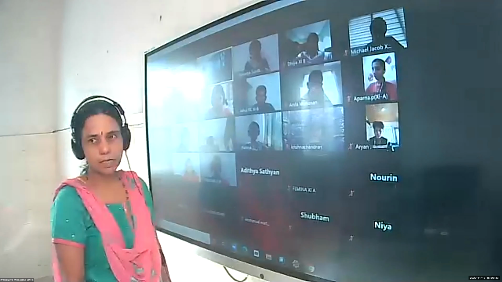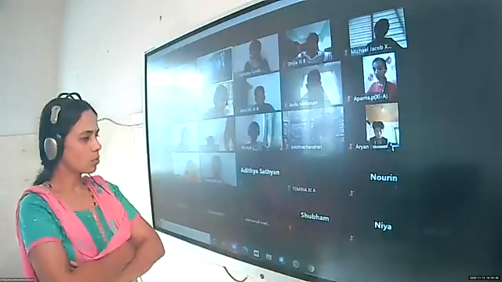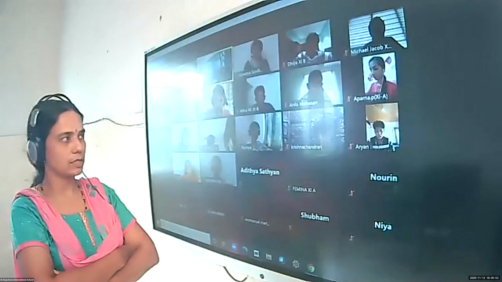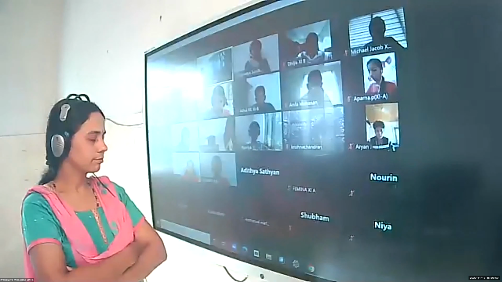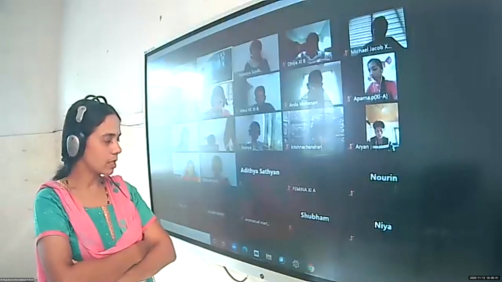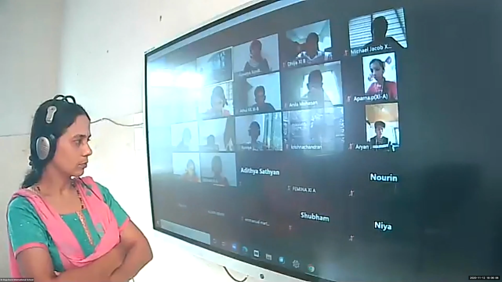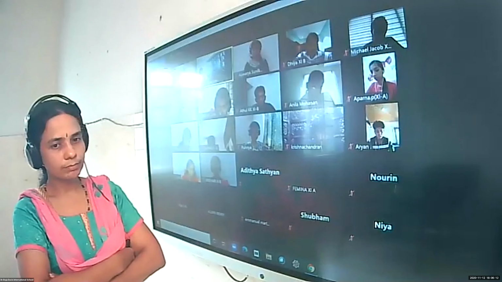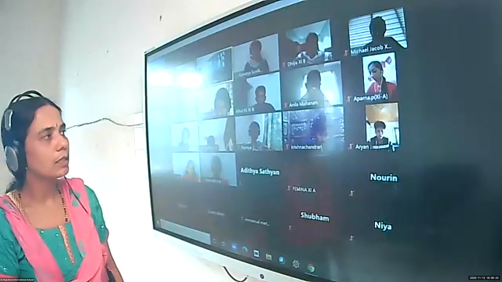Srihari, if y square is equal to 4ax is the standard equation, what is the focus you will get? The focus is a comma 0. And what about the directrix, Atul? Minus a comma 0.